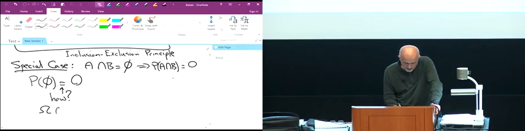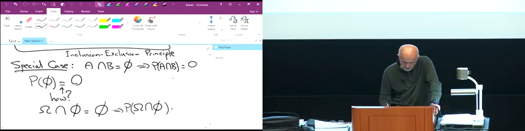The sample space intersect phi is what? Empty set. So the probability of this is the probability of the empty set.